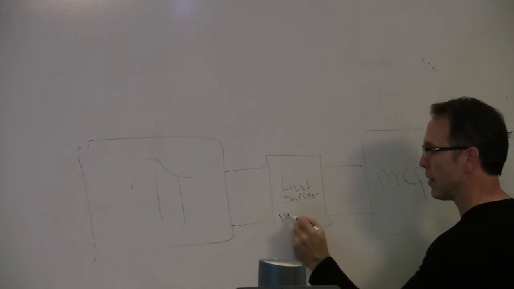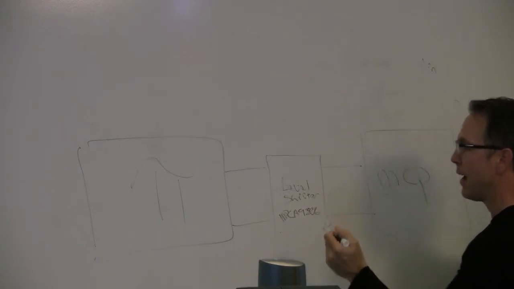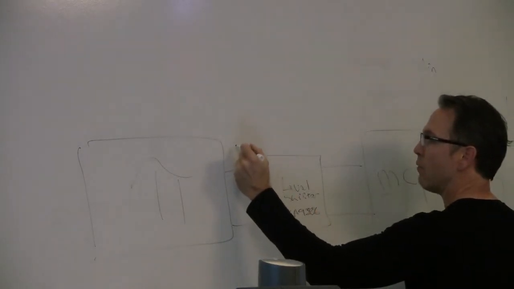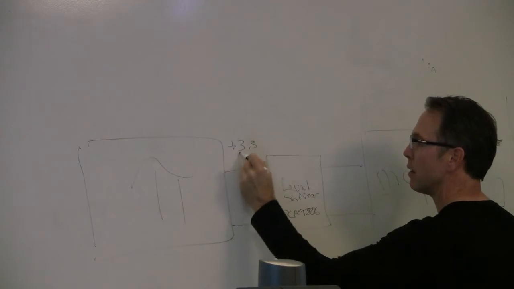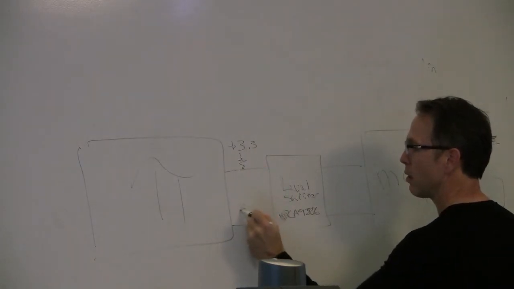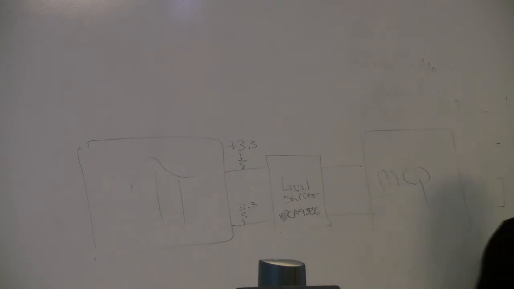That's that PCA 9306. And now you'll have a resistor that'll pull it high to 3.3 volts here, right? It's actually inside the Pi board, but anyway, yeah. Okay, but it's existing.